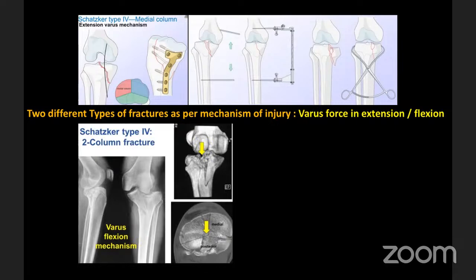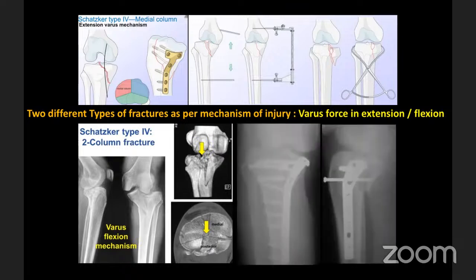But varus force in flexion means a dangerous injury. Each patient will have 3 types of displacement: the femoral condyle is with the medial condyle, there is impaction of the posterior condyle by the lateral femoral condyle, and ACL avulsion with subluxation of the tibia anteriorly from the femur, because the femur goes displacing posteriorly with this posteromedial condyle.